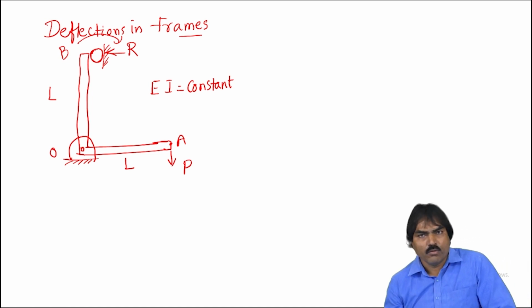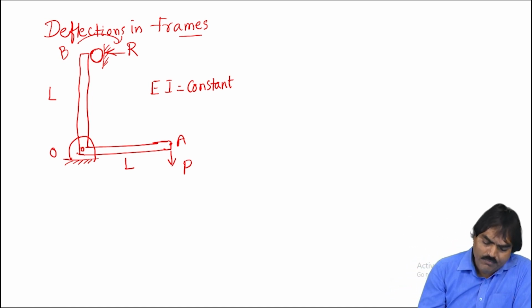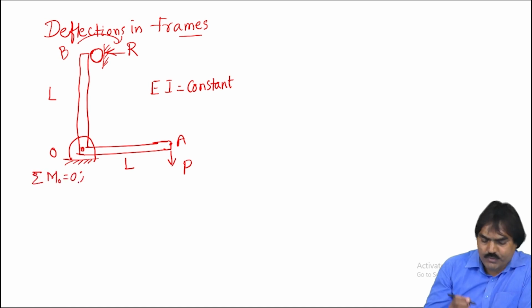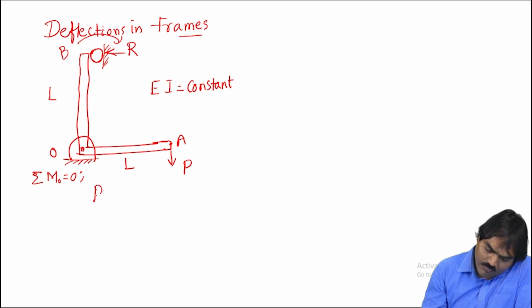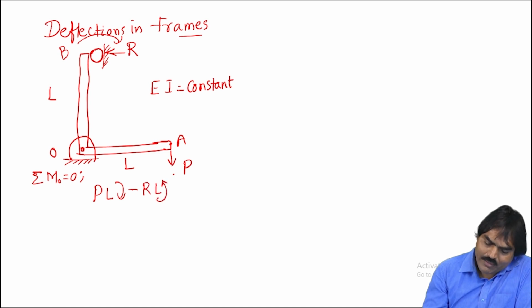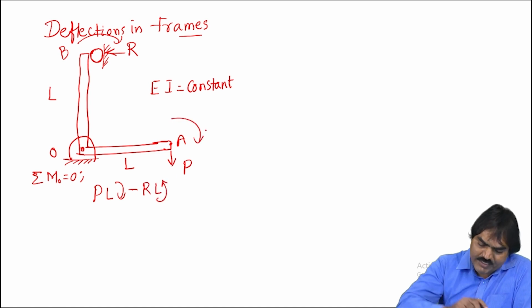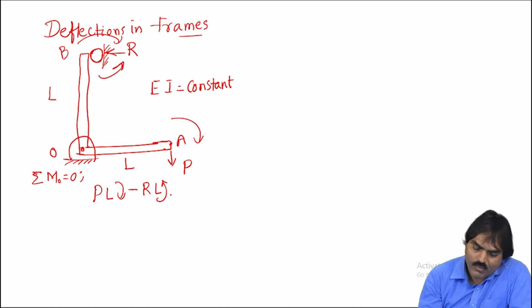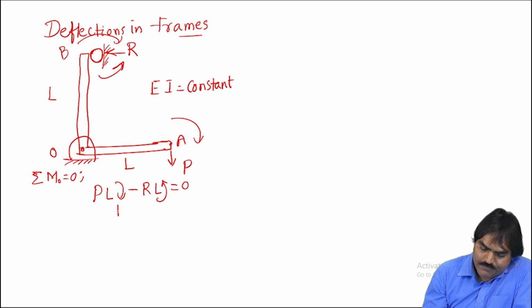When I take moment about the hinged point, sigma MO equals 0, that is P into L clockwise minus R into L anti-clockwise, because this is giving clockwise moment, whereas this gives anti-clockwise moment. Therefore, R is equal to P.